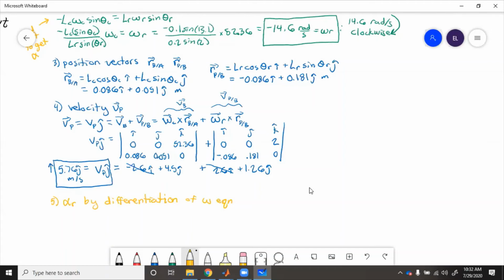So we take the derivative of this equation, we get negative LC omega C squared cos theta C minus LC omega C dot sine theta C equals LR omega R squared cos theta R plus LR omega R dot sine theta R. Now omega C dot is 0 because omega C is constant. So this we get rid of.